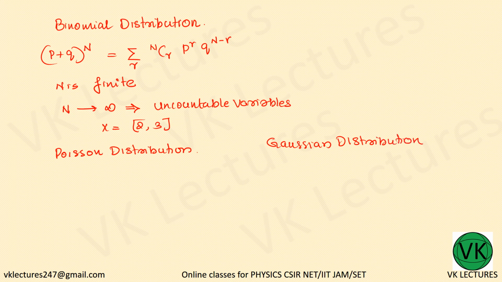For the Poisson distribution, n is infinity, and for the Gaussian also n is infinity. For the Poisson distribution, p, the favorable probability, will be nearly equal to 0.